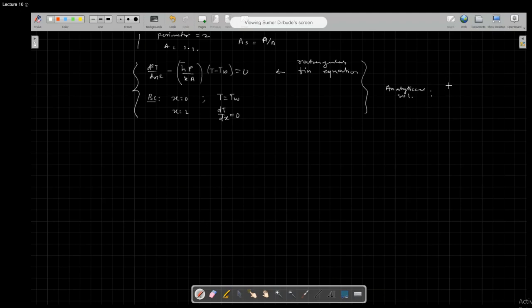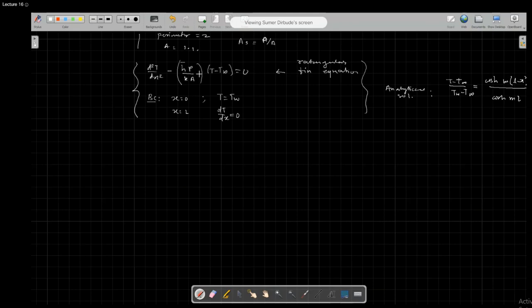So the analytical solution for this case, you can refer to any standard heat transfer book, is (T minus T infinity) divided by (T wall minus T infinity) equals cosh m(L minus x), where L is the length of the fin, divided by cosh mL.